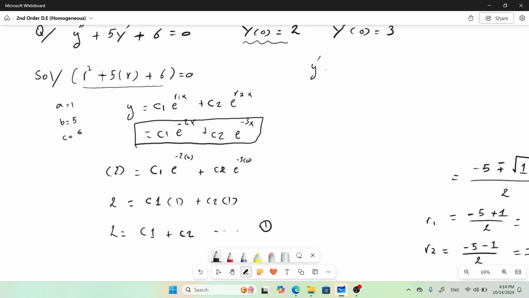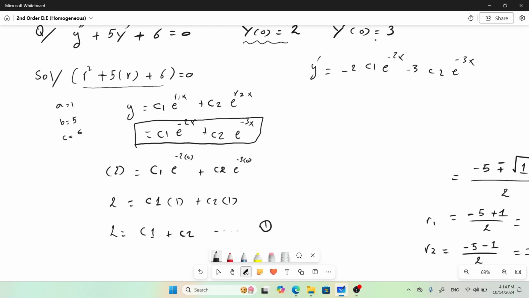So we have y dash is equal to negative 2 c1 exponential of negative 2x plus c2, sorry, negative 3 c2 exponential of negative 3x.